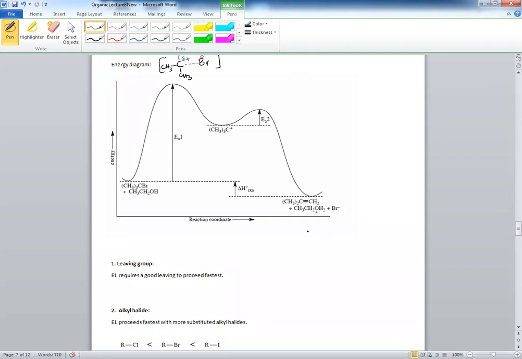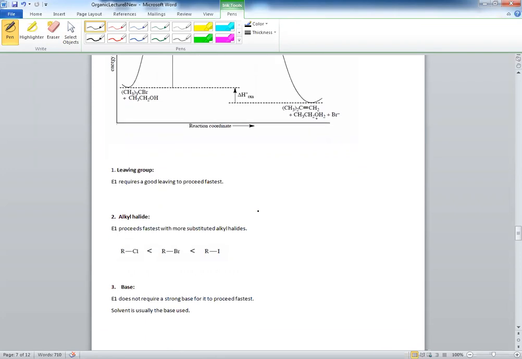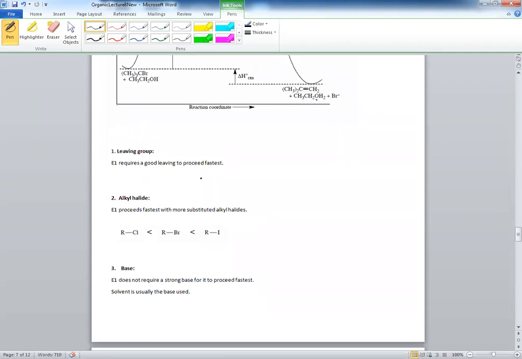Now, the leaving group. Remember, we always need a good leaving group. I would be a great leaving group. It's better than Br, better than Cl. And the more, the better. In fact, I actually switched this right here.